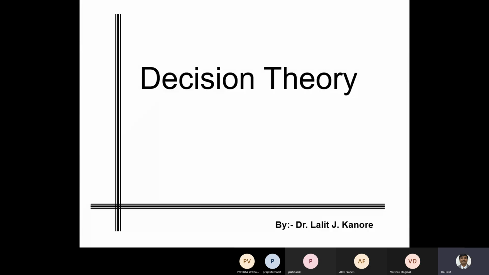Now, decision theory deals with the methods of determining the optimal course of action when several alternatives are available. Okay. And the consequences of the alternatives cannot be forecasted in advance with certainty. Okay.